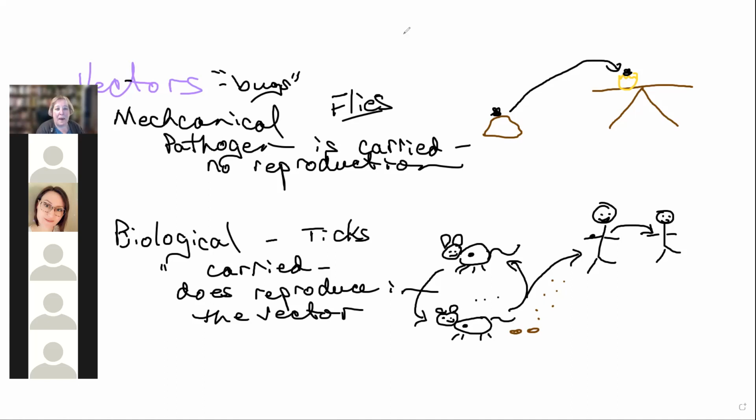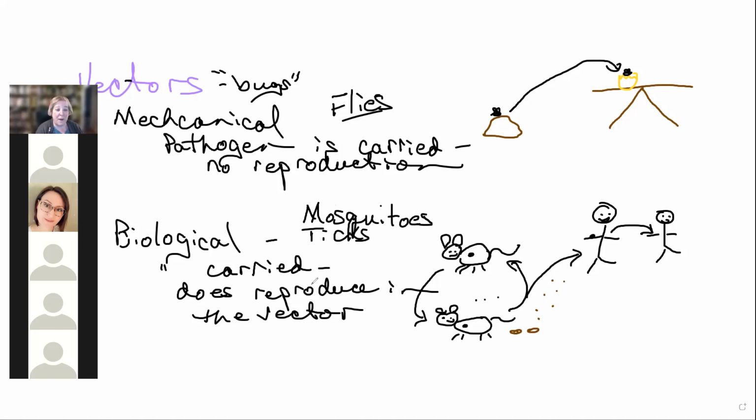And the bacteria you were talking about can grow on the poop, which is why it's a biological vector? No, biological is only when we've got, say, a tick or a flea or a mosquito. I have to put mosquitoes up here because they are the worst.